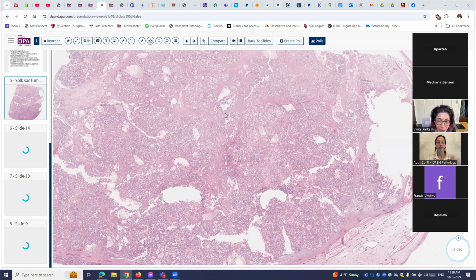Molecularly, those tumors will show the typical profile of epithelial tumors. A germ cell derived tumor should have a chromosome 12 abnormality, typically isochromosome 12p, but not if it is a somatically derived tumor.